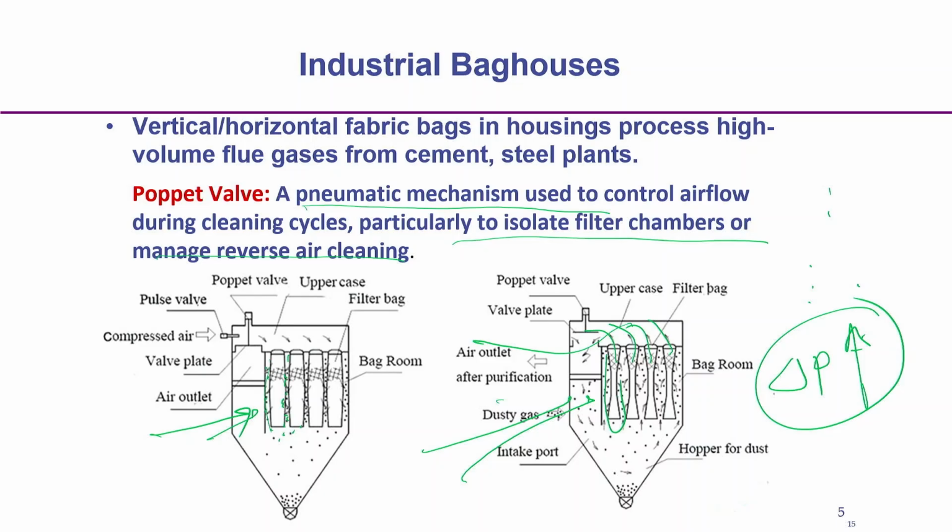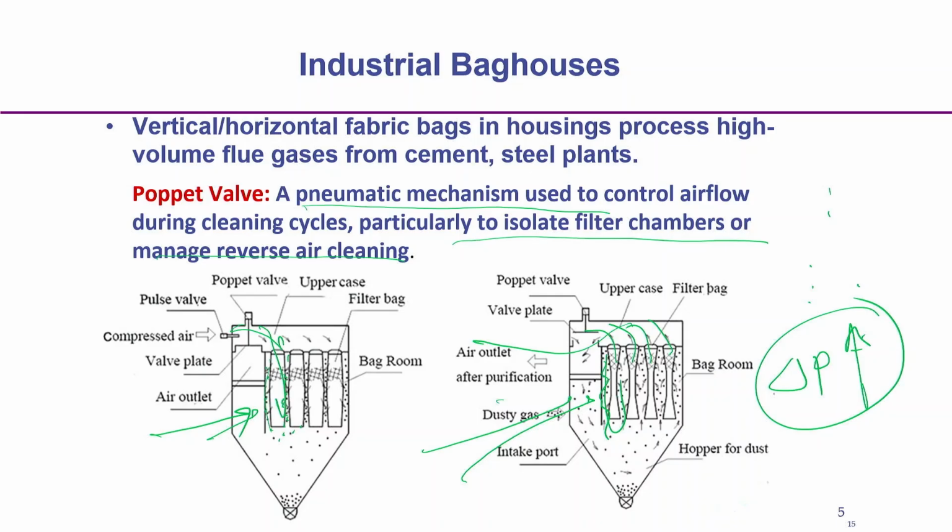So, to reduce these things, this buffet valve is used, which is a pneumatic mechanism used to control air flow. So, here the reverse air flow is there. One compressed air flow will come from the reverse air flow to actually dislodge the particles on the surface of the bag house.